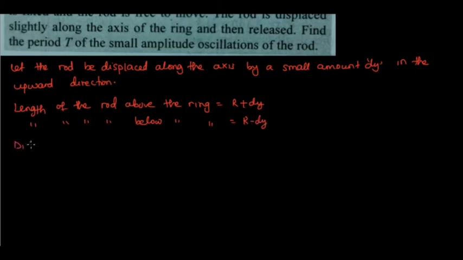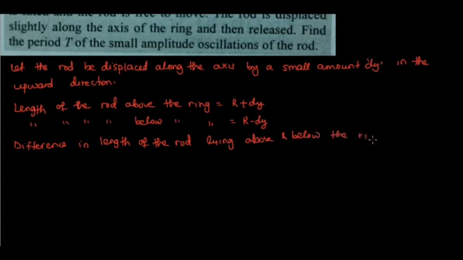Now what will be the difference in length of the rod lying above and below the ring? The difference will be r plus dy minus r minus dy, that is equal to 2 dy. So this is the difference in the length of the rod which lies above the ring and below the ring.